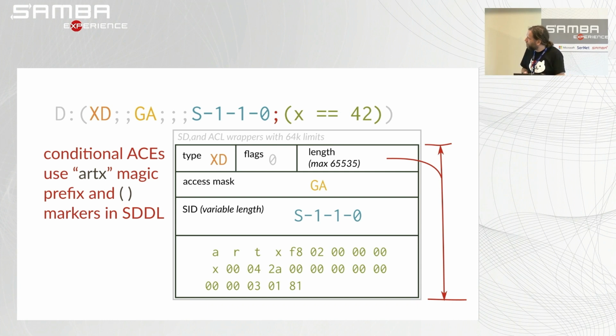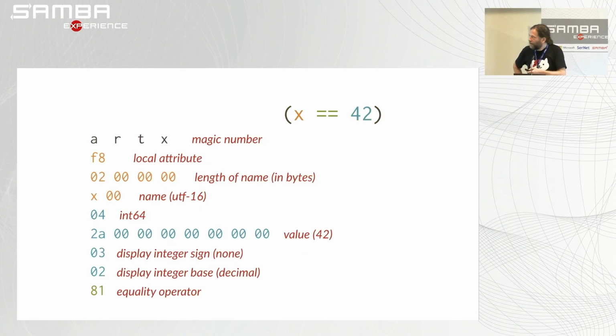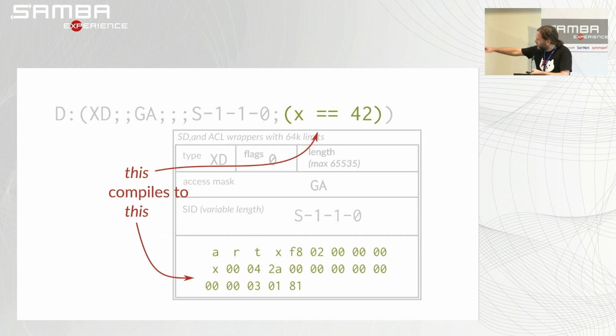Anyway, this STDL is the syntax for a conditional ace, and here the condition is x equals 42, and that's a valid ace. That compiles to this bit at the end of the ace, and this is the decomposition of that stuff.